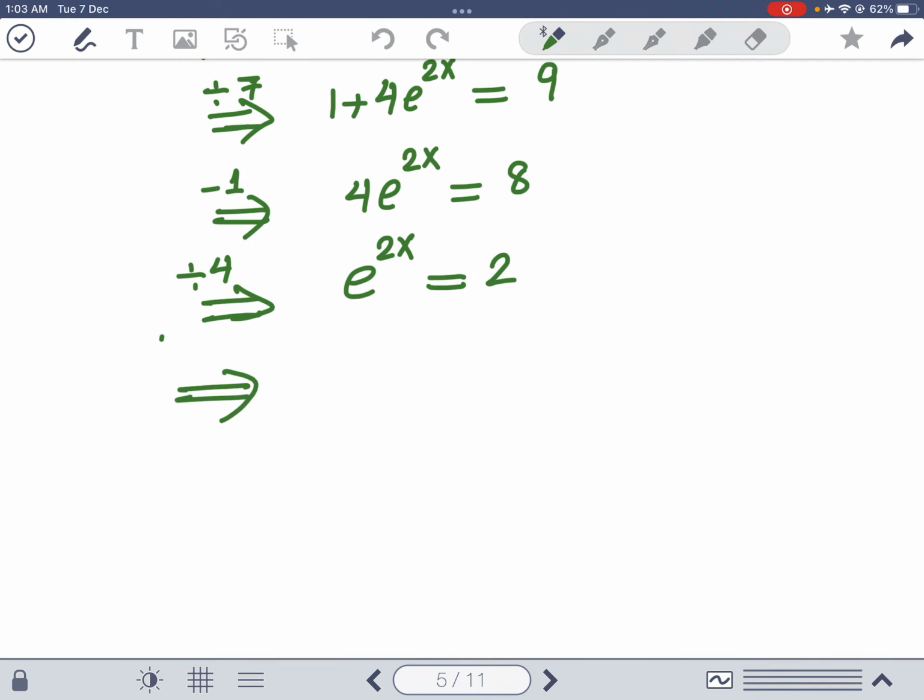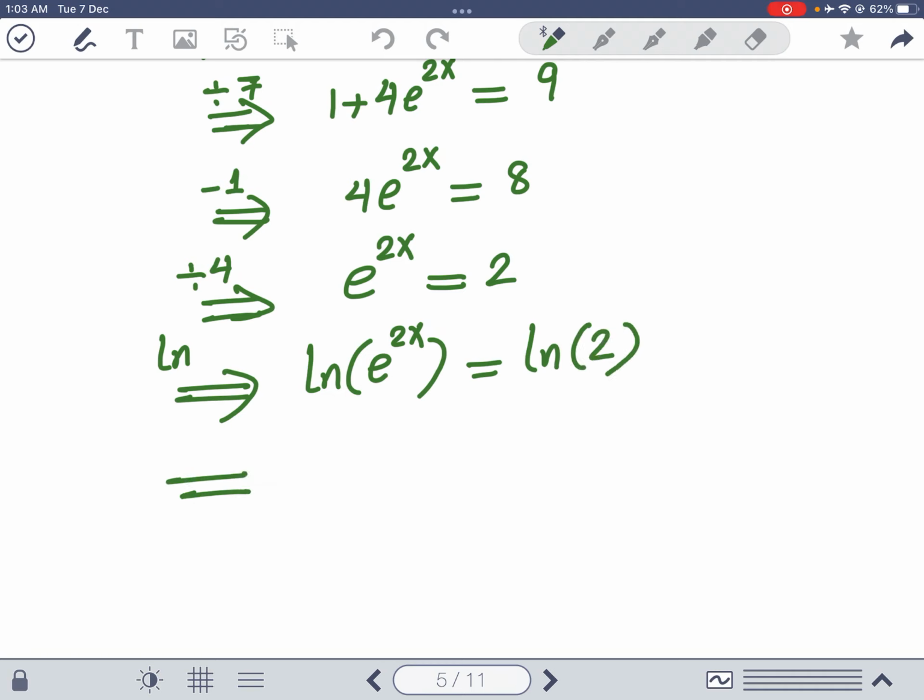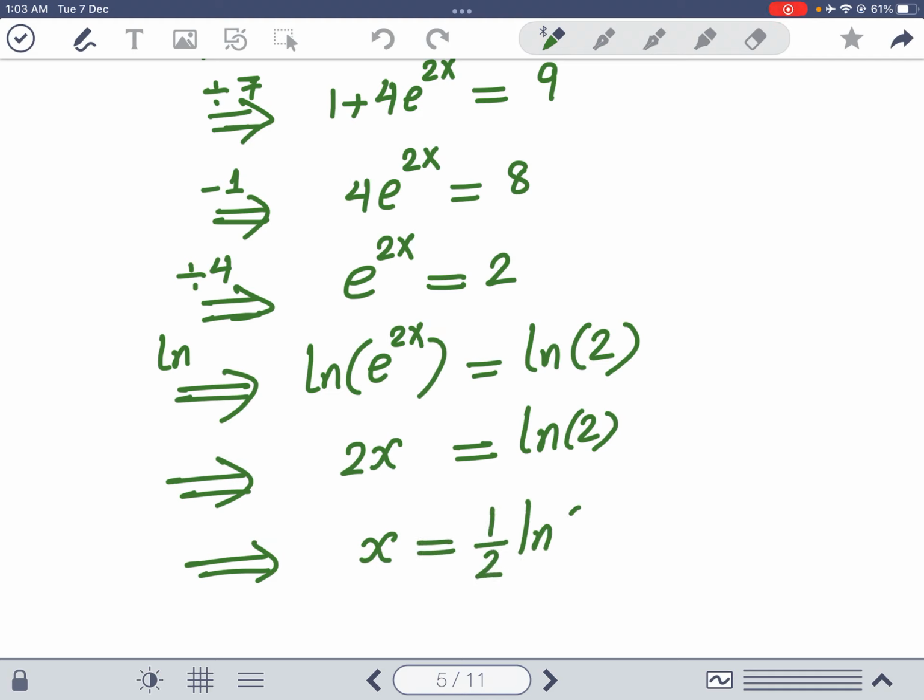Now apply ln. So you'll have ln of e to the 2x is ln of 2. Finally, 2x comes down, ln e is 1, so 2x equals ln of 2, and this means that x is half, if you divide by 2, half ln 2.